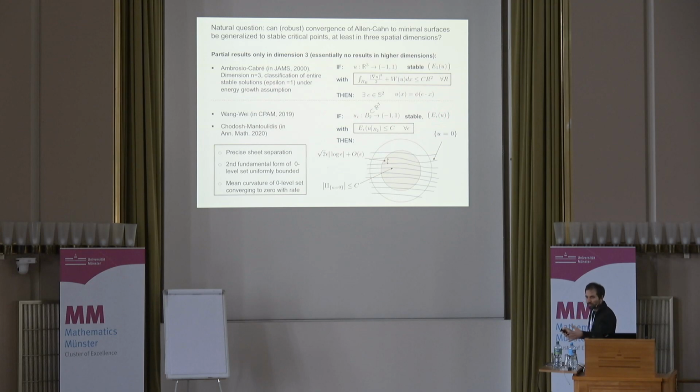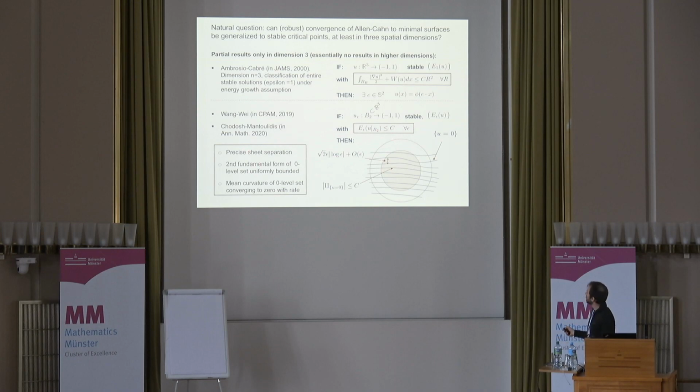You're interested in what happens as epsilon goes to 0. The assumption they put, which again is not innocent, is that the energy of u epsilon is bounded by a constant independent of epsilon. When this happens, you have a super precise regularity theory, and it's sort of optimal.